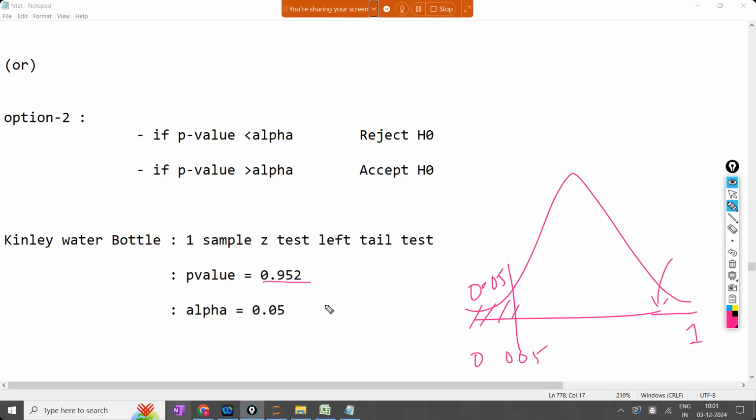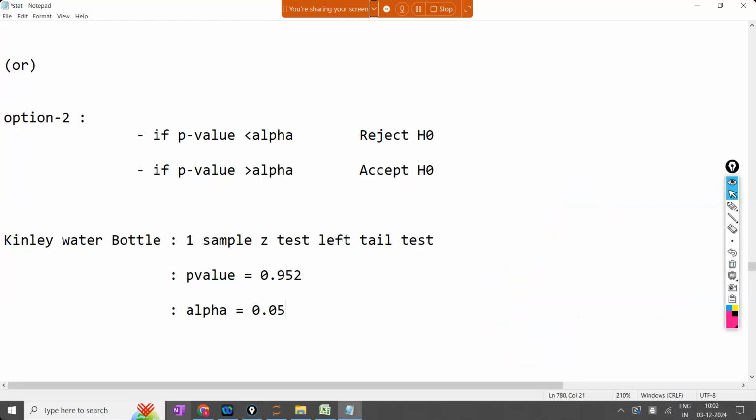Based on option 2 also, since the p-value is greater than alpha, I am going to accept the null hypothesis. There is no difference. Option 1 and option 2 give the same answer.